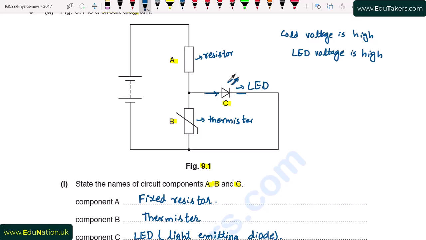In the other case, when hot, the voltage across the thermistor is low, then in the case of low voltage there will be low current, and when there is a small amount of current, the LED does not light up, or we can simply say that it would light up but very dim.